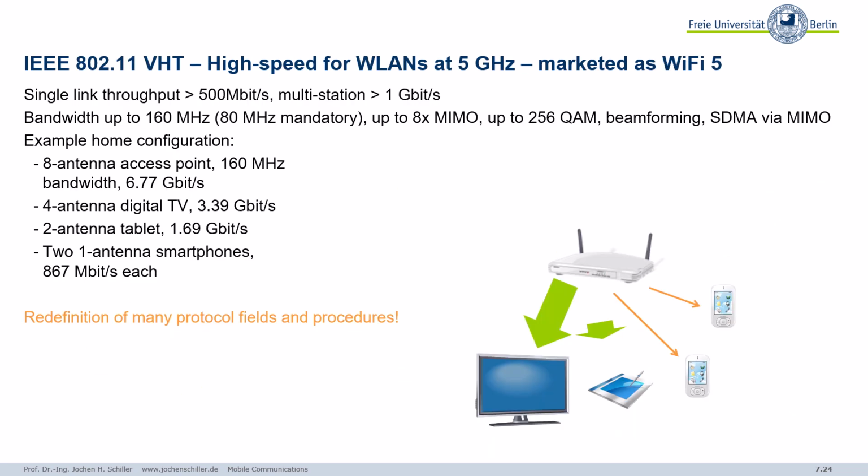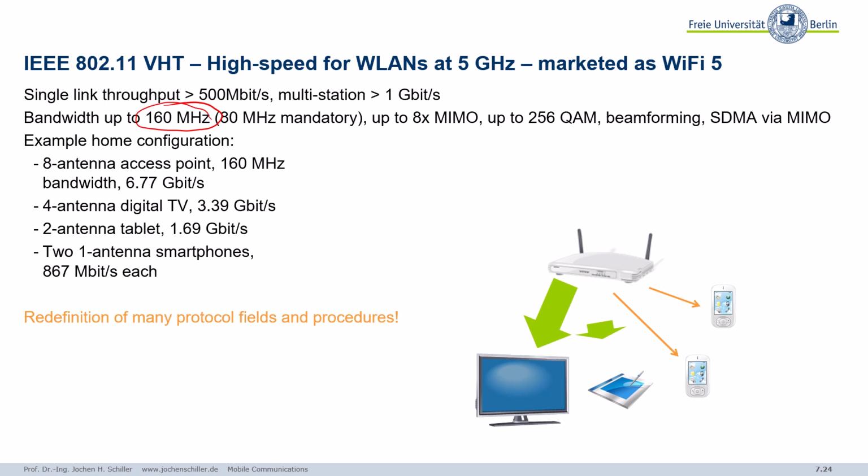What was possible for this .11 VHT, that's the official name, the high-speed LANs at 5 GHz, Wi-Fi 5? For a single link, you can have a throughput of more than 500 megabit per second, but you can go even higher. We need a bit more bandwidth, which is one factor you need to consider when it comes to higher data rates. We have MIMO. We go up to 256 QAM. We can use beamforming, so space division multiplexing using MIMO.